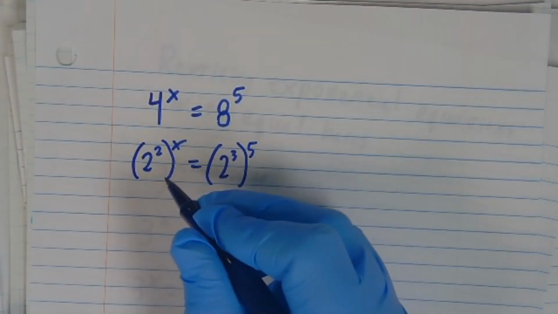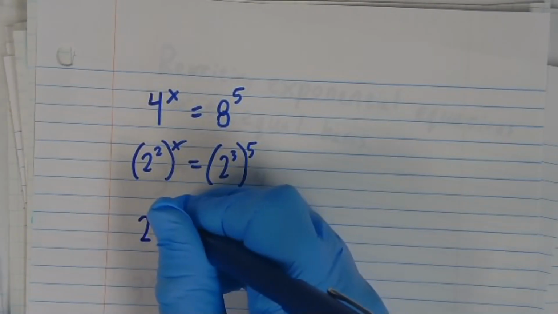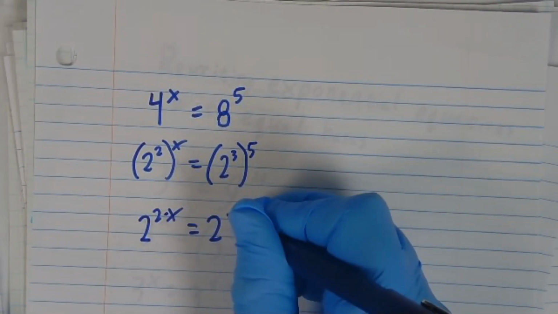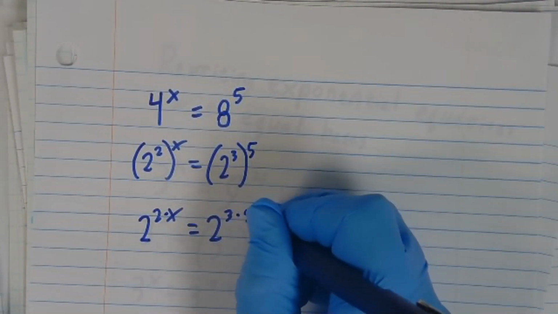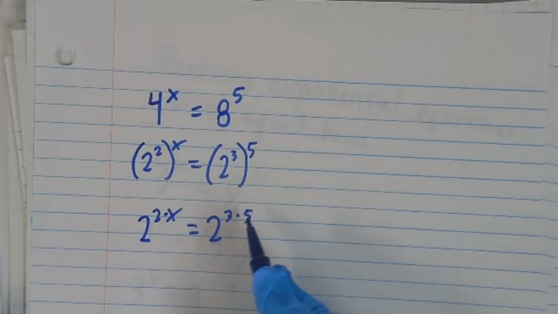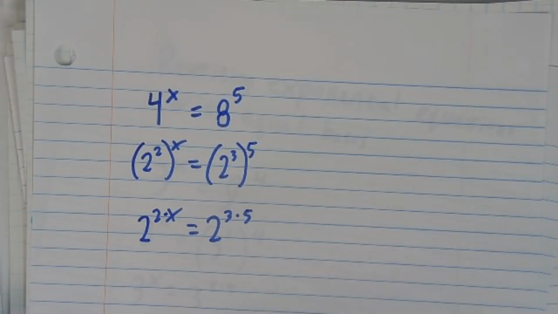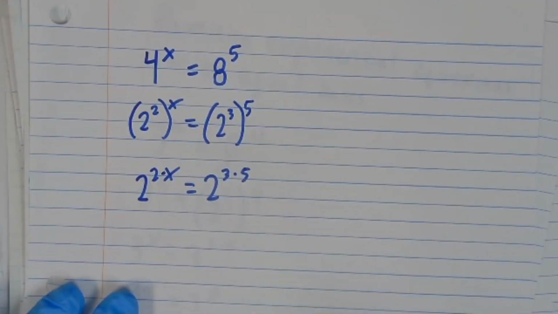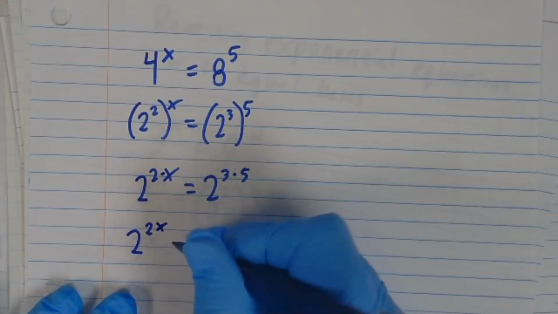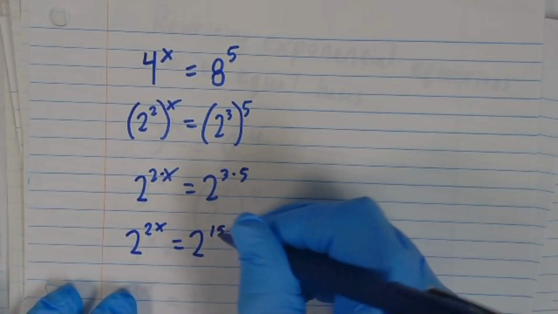And so now I can use the power of a power property on each side and get 2 to the 2 times x is equal to 2 to the 3 times 5. And I can either resolve this multiplication now or do that after I drop the bases. It does not matter. I tend to like to clean it up before I drop the bases, but that is just a style thing. So I have 2x, 3 times 5 is 15.